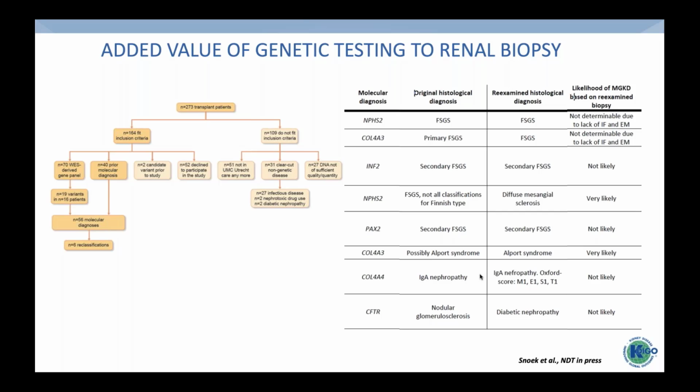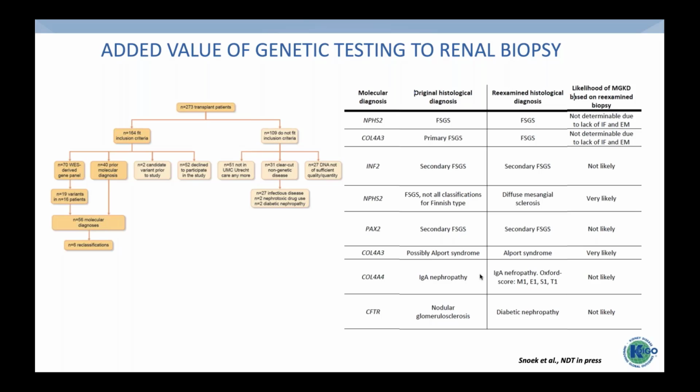The pathologist did not know whether there was any molecular diagnosis, nor what the diagnosis was. We just asked him, based on your re-examination, what is the likelihood that this patient has a monogenic kidney disease? As you can see, in the first 2 patients, he couldn't determine this because there were no immunofluorescence or electron microscopy data.